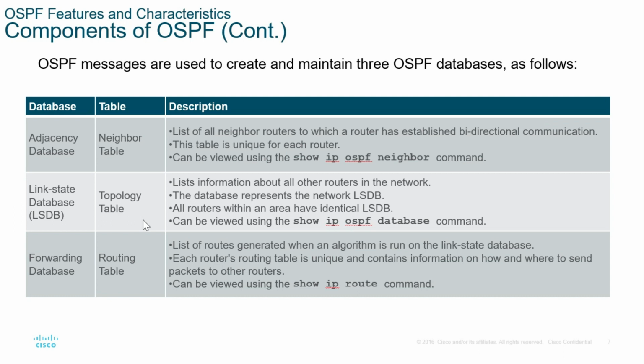In the case of EIGRP, it will use DUAL. We already saw earlier how it calculates. DUAL involves the reported distance and also the feasible distance. So it will choose the successor, the successor route, meaning the best path, and put it in the routing table. That means the routing table will contain all the best paths. The topology table will contain all the possible paths.